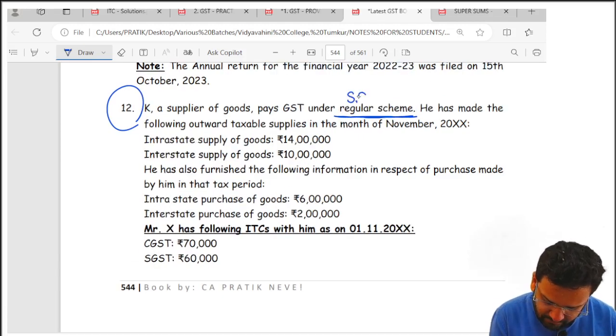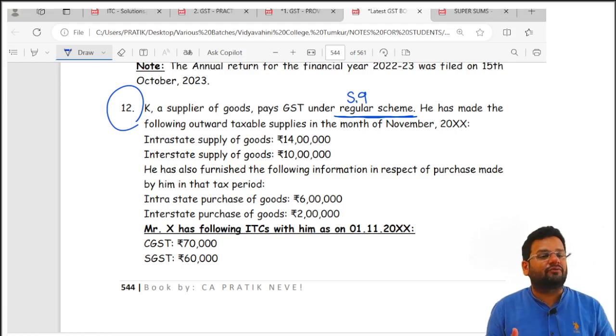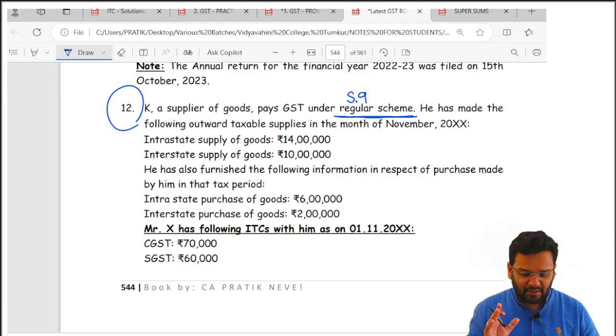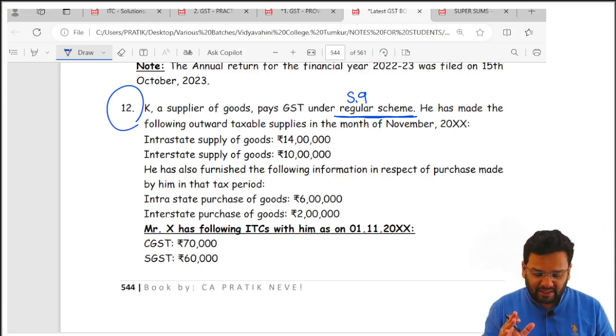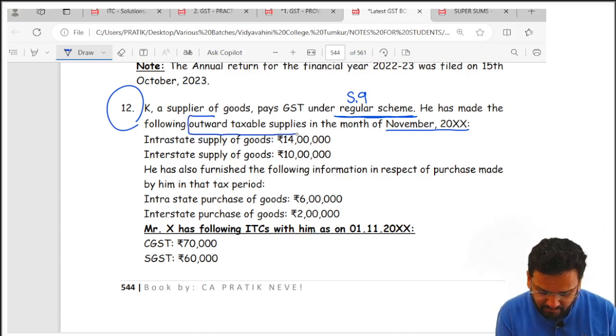Regular scheme means section 9, not opted for section 10, pays tax under regular scheme. He has made the following outward taxable supplies in the month of November. Intrastate supply of goods. So on intrastate supply of goods, what will be there?